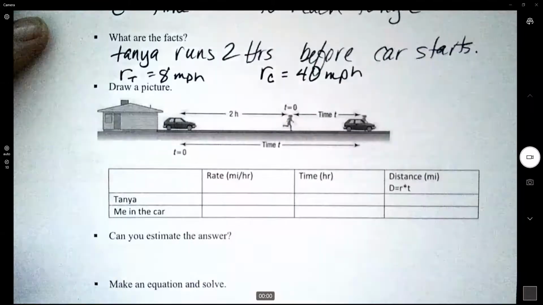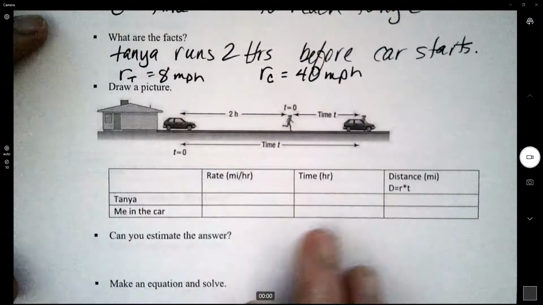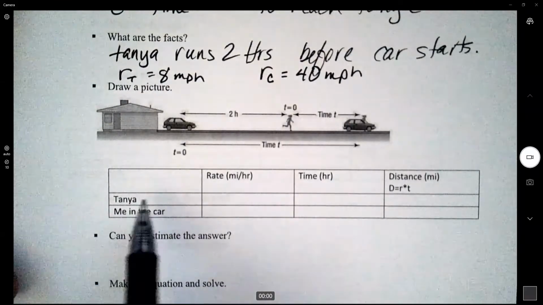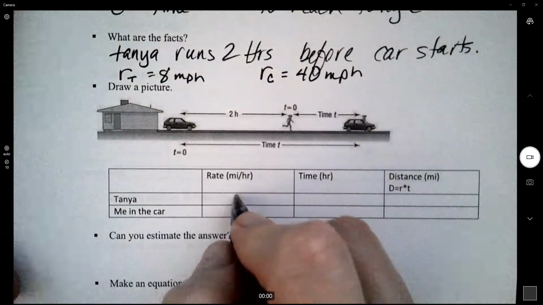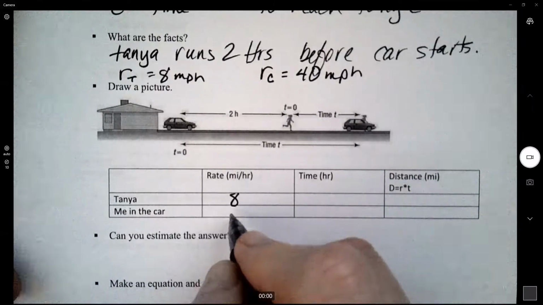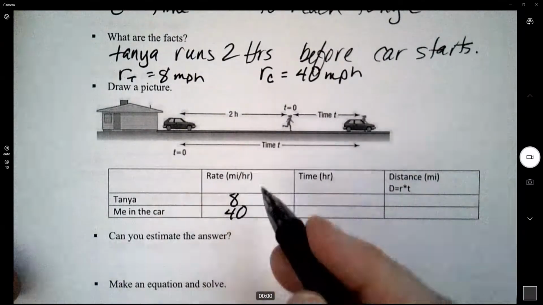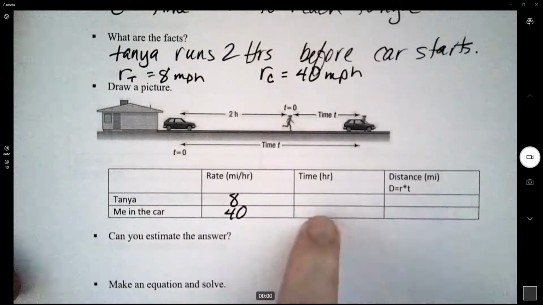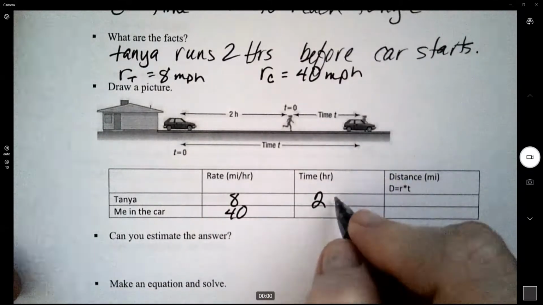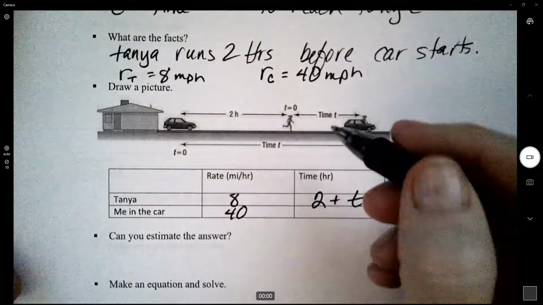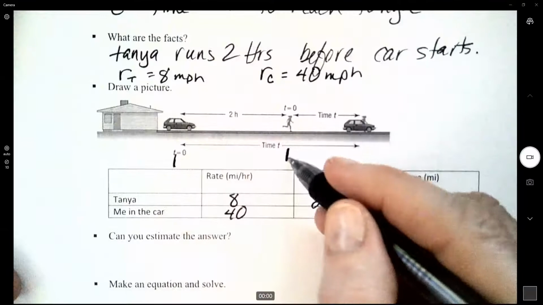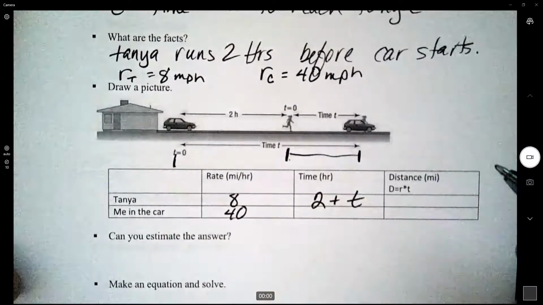Okay, so let me put all of that information into a table to help us. Tanya's rate was 8 miles per hour. The car is going 40 miles per hour. Now, Tanya has already been on the road for 2 hours, plus the time that it takes between where I start and the time at which we meet.